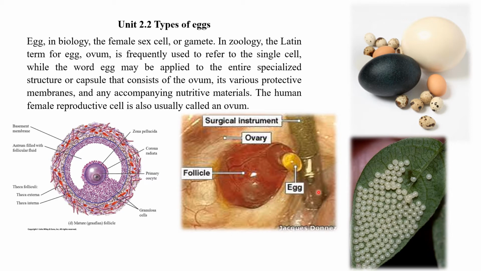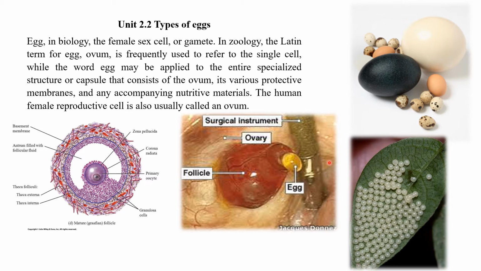As you can see here, this is the real picture of an ovulating woman's ovary, where you can see an egg coming out of the ovary. This photograph was taken using a catheter fixed with a camera, and the technique is called endoscopy.